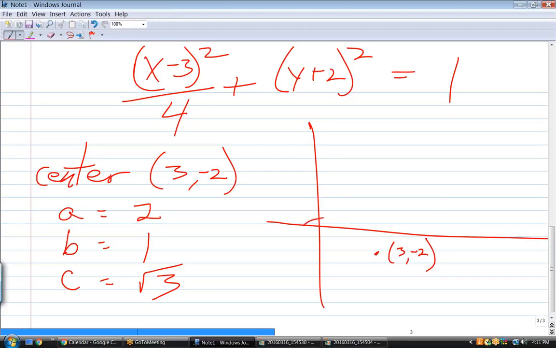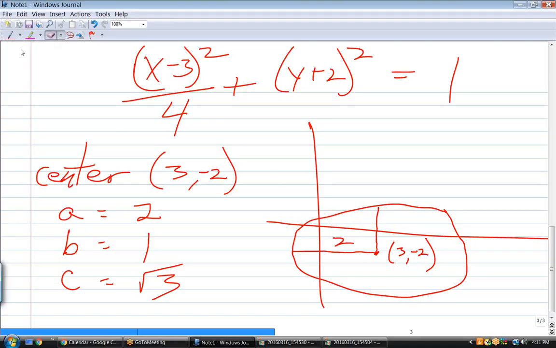And it's horizontal, so I'm just going to graph a horizontal ellipse around it. A is this dimension. What is that? 2. Yeah, we figured it out already. B is that dimension, which is 1. And C are both of those dimensions.